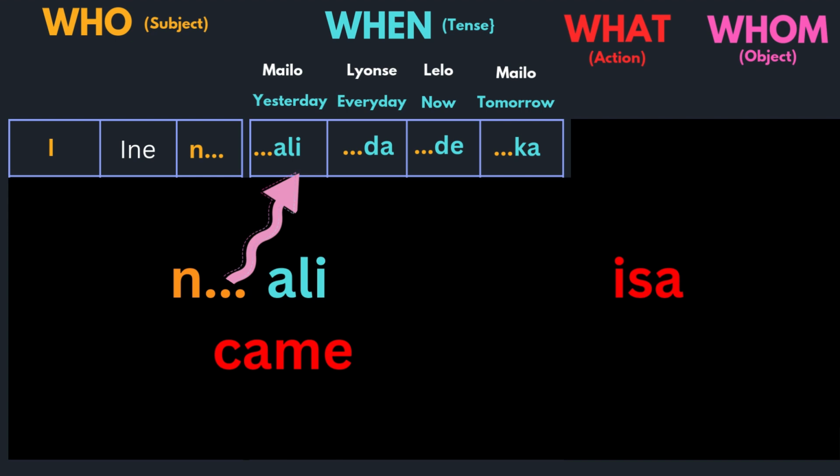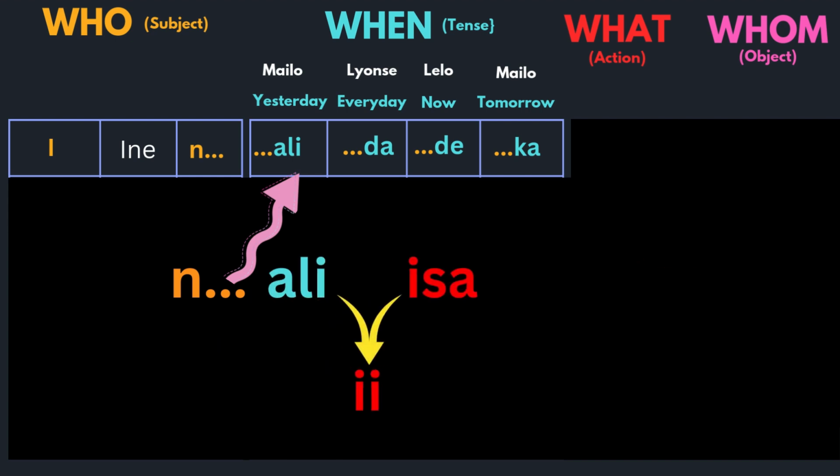Again, we have those two vowels next to each other. The ali ends in I, and isa starts with I. So these two I's together form a longer sounding E. When we say it, Naliisa.